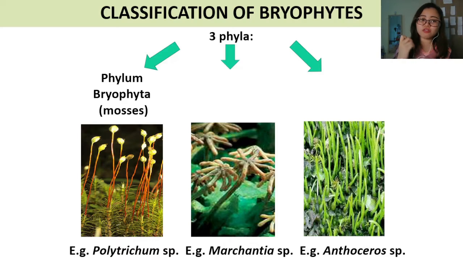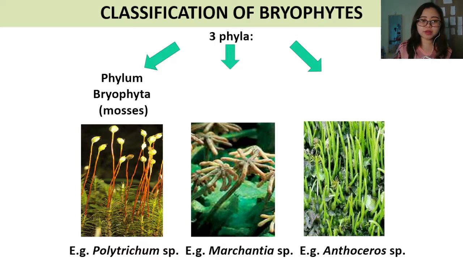That is phylum Bryophyta, commonly referred to as moss, and it is represented here by this species called Polytrichum species. So inilah contoh yang kami paling suka lah kalau cakap pasal phylum Bryophyta.